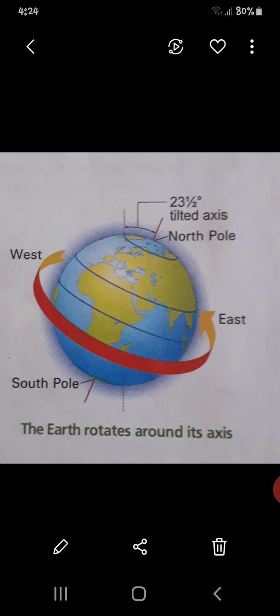So you can now follow the figure given in your textbook, that is the geography book, page 14. You can just follow that. The rate of difference can be calculated as follows. So how do we calculate this difference of the timings? The earth rotates 360 degrees in about 24 hours. We learned that the rotation of the earth takes 1 day. 1 day is that of 24 hours.